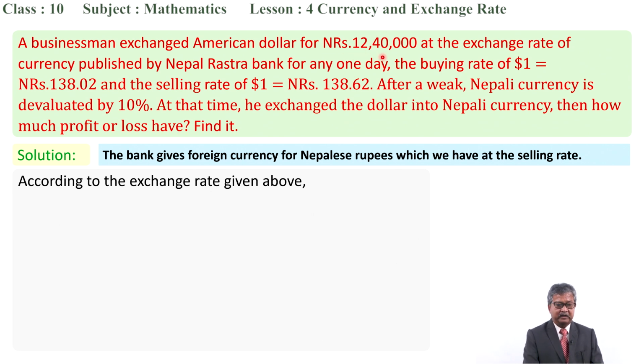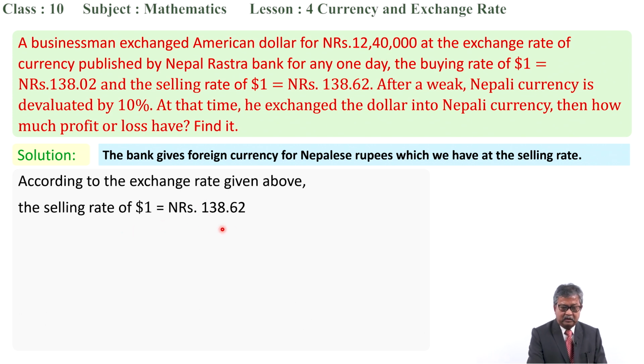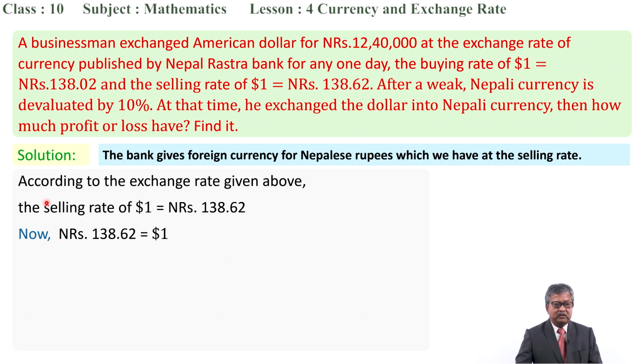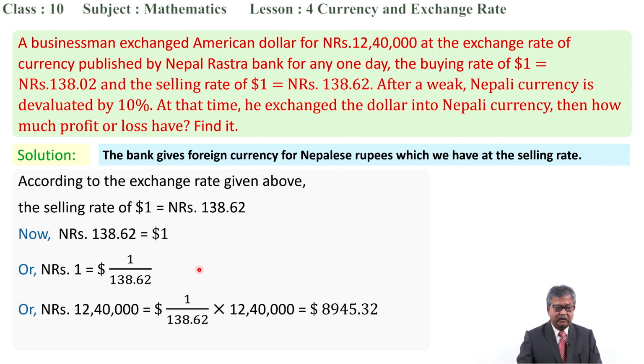According to the exchange rate given above, the selling rate of $1 is equal to 138.62. That means in rupees 138.62, he buys $1, our bank sells $1. Then in 1 rupee, how many dollars? 1 upon 138.62. So in Nepali rupees 12,40,000 is equal to how many dollars? 1 upon 138.62 into 12,40,000.